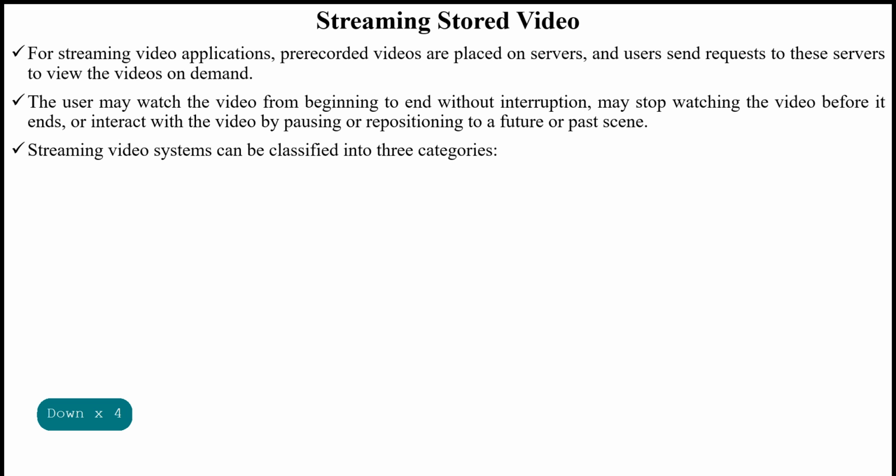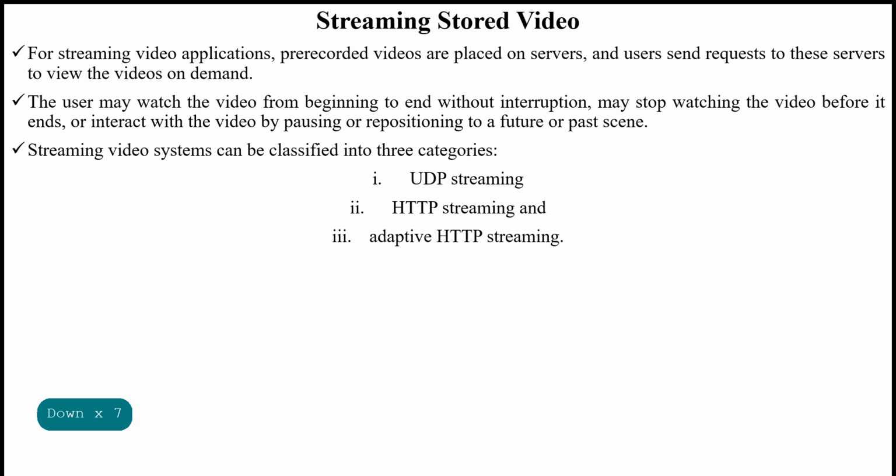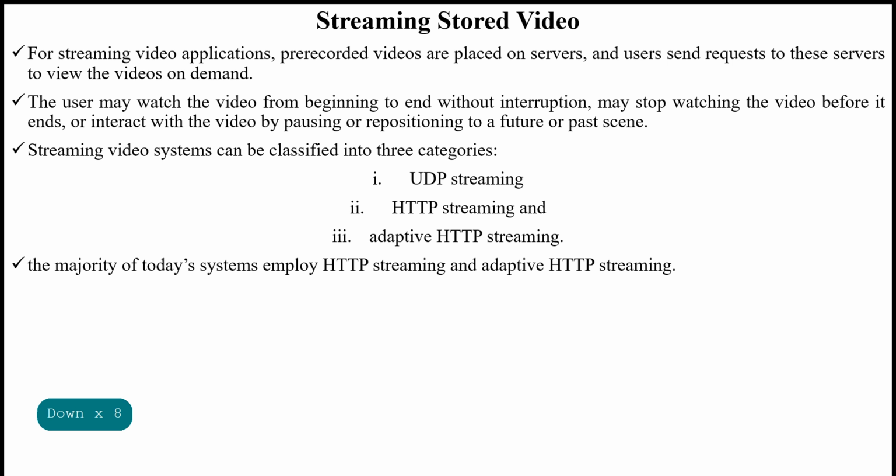Streaming video systems can be classified into three categories. First one, UDP streaming. Second one, HTTP streaming. And third one, adaptive HTTP streaming. The majority of today's systems employ HTTP streaming and adaptive HTTP streaming.